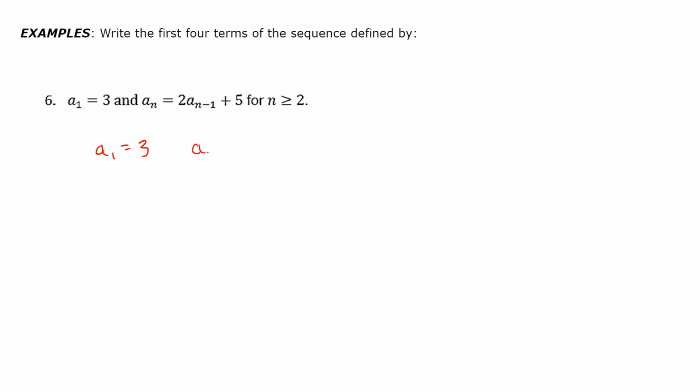For number 6, our first term is given to us, that's 3. And our formula is a subscript n equals 2 times a subscript n minus 1 plus 5 for all n values that are greater than or equal to 2. Okay, so n must be greater than or equal to 2 in order for this formula for our sequence to exist. So we know our first term. We need to find the next 3 terms.